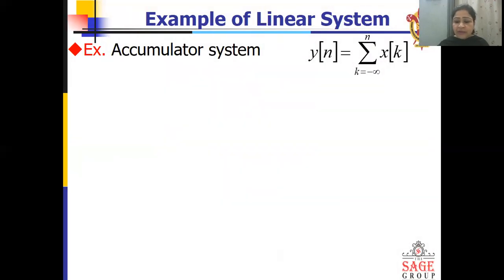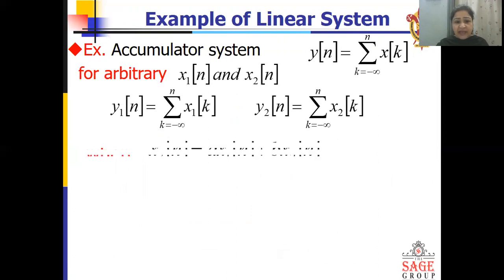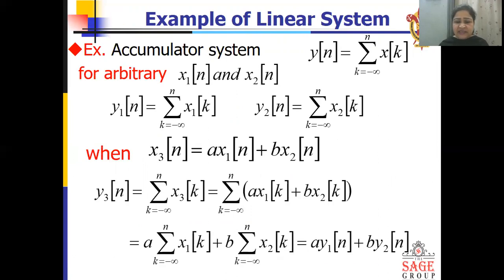Now, common example of the linear system is an accumulator system. Accumulator system means that at any instant n, output depends on the sum of the inputs from previous instants, that is from minus infinity to the present instant, that is n.